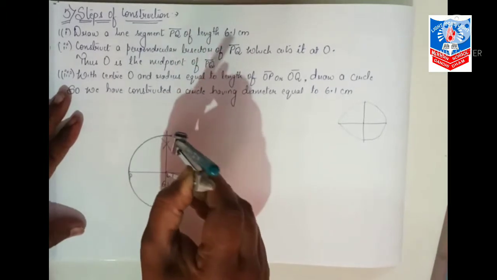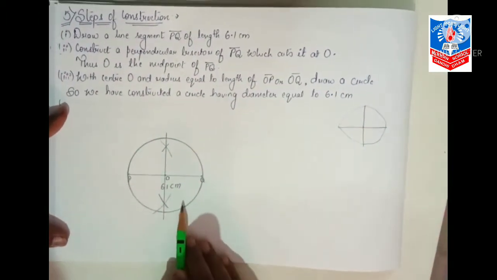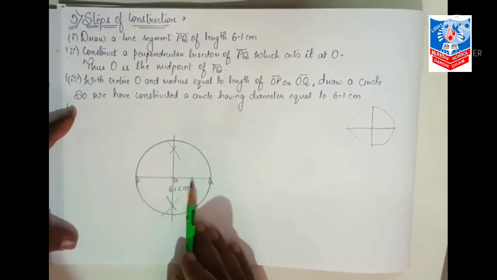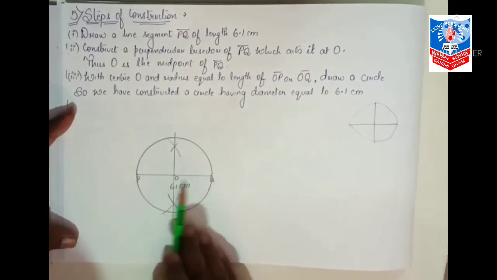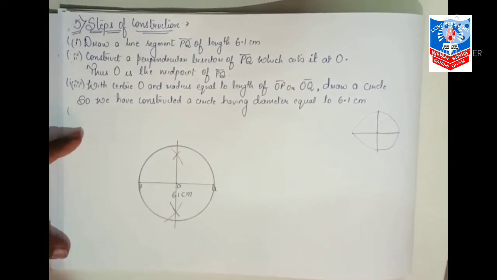See here. So we have constructed a circle having diameter equal to 6.1 centimeter. Understood?